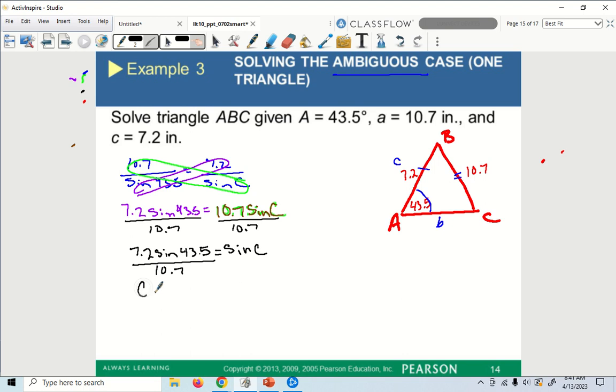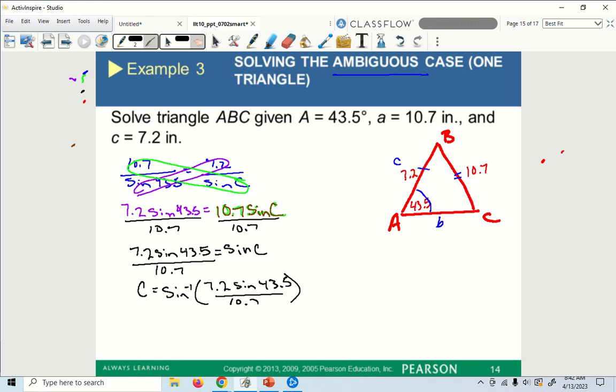So we're going to get big C by itself. Big C is equal to inverse sine of all this over here, which is 7.2 sine of 43.5 divided by 10.7. And we've got to put that in the handy dandy calculator, because I need you guys to do it since I don't have the calculator on that computer. Now, what mode are you in?